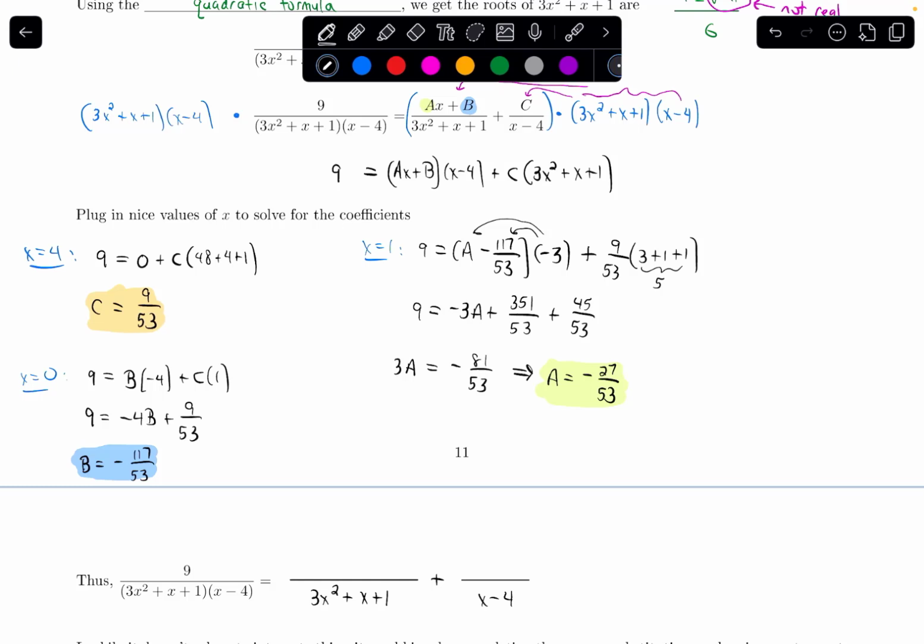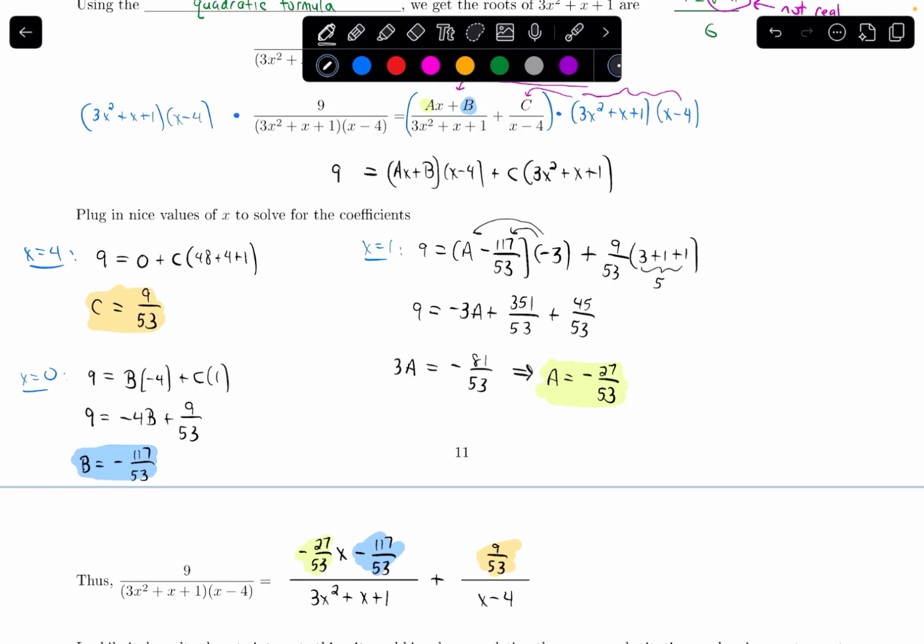So ax plus b, I'll get negative 27 over 53 x plus b, so that'll be minus 117 over 53. This is the b, this was the a, and in the next fraction, we put c on the numerator, which is the 9 over 53.